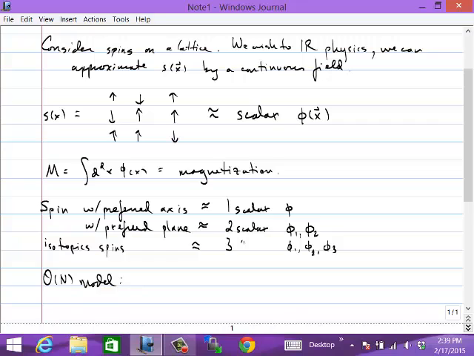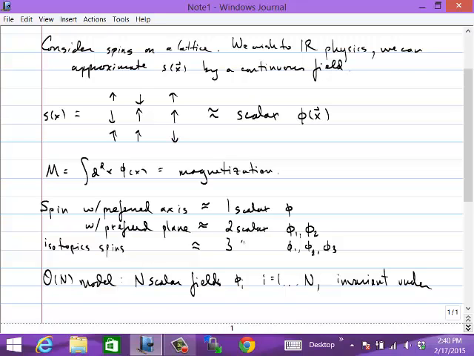And an O(n) model is just a model of n scalar fields, phi_i, where i is an index that runs from 1 up to n, which is invariant under the rotation symmetry.